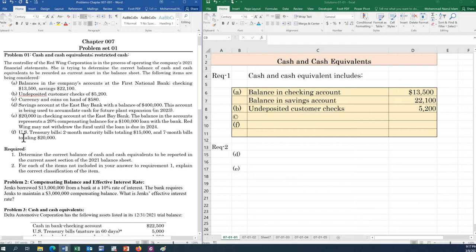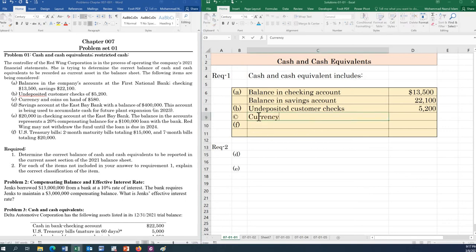So that is why we should not include this one as cash and cash equivalents. Number C is currency and coins on hand, that is equal to 580. And US Treasury bills, that is actually 2-month maturity.